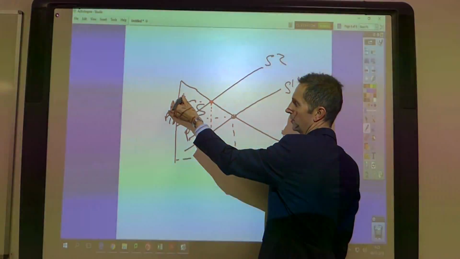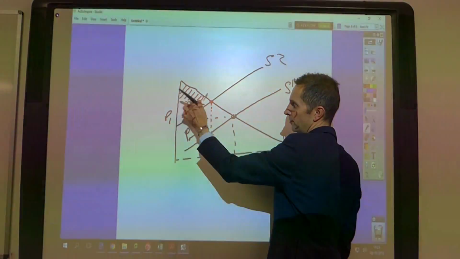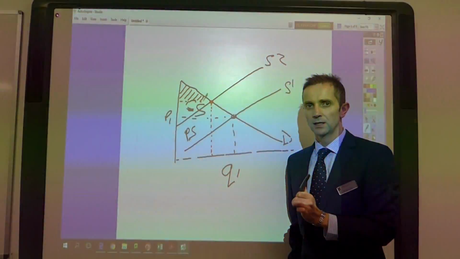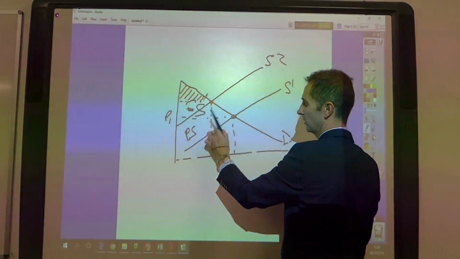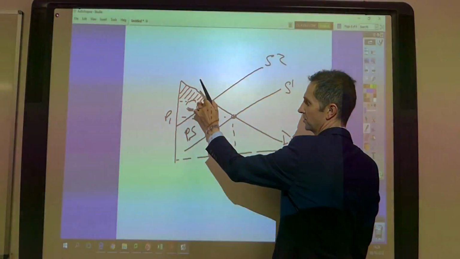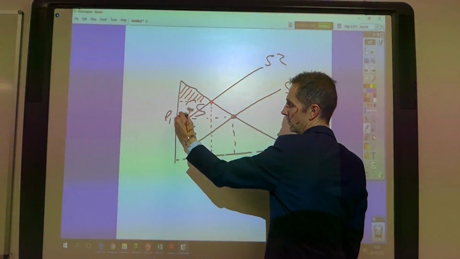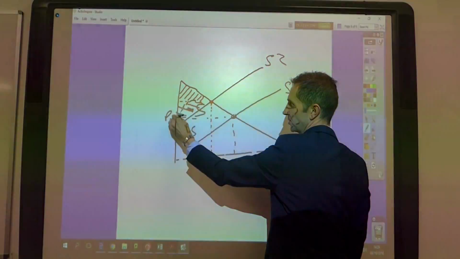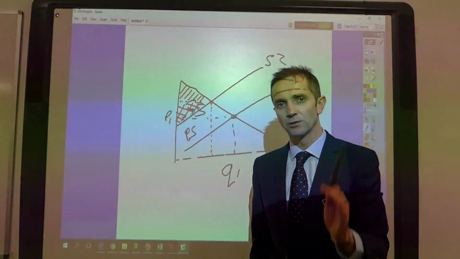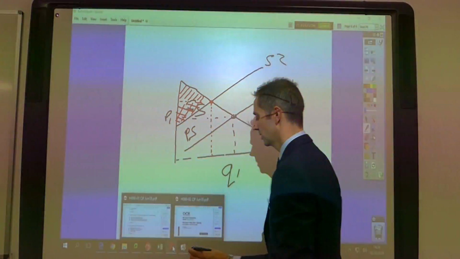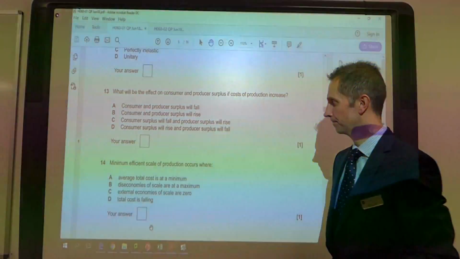So the consumer surplus has now fallen to this area above price and below demand, and the producer surplus, from being this rather large triangle here, is now this much smaller triangle here. So this hashed area here in effect is your producer surplus. So in both cases they've got smaller. Hence the answer, hopefully, is A.